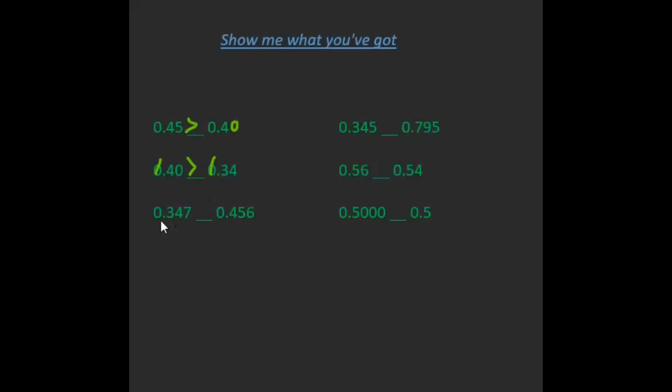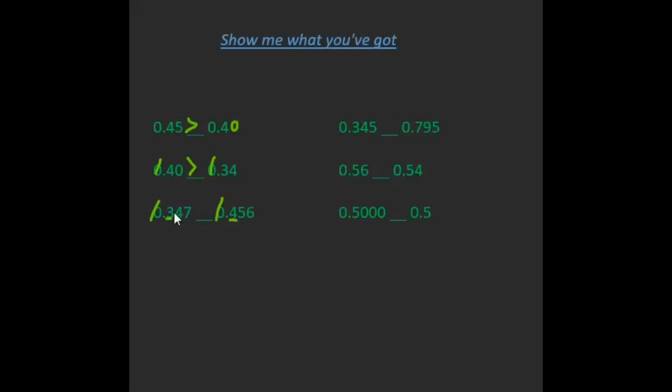0 and 347 thousandths, 0 and 456 thousandths. So let's start doing our same procedure again. We can't compare the zeros, but we can compare the tenths place because both these numbers are different, 3 and 4.